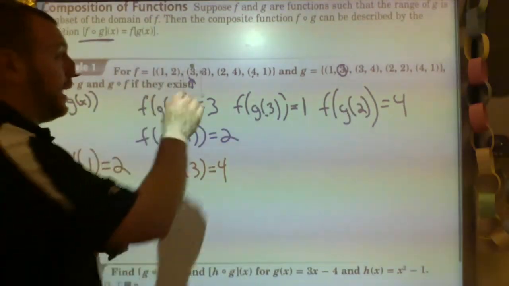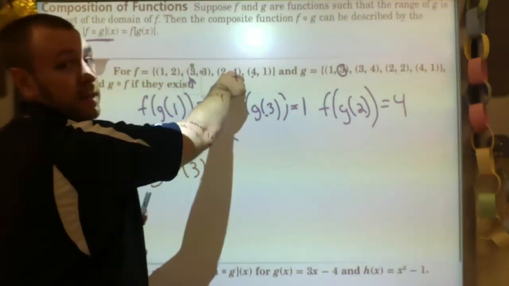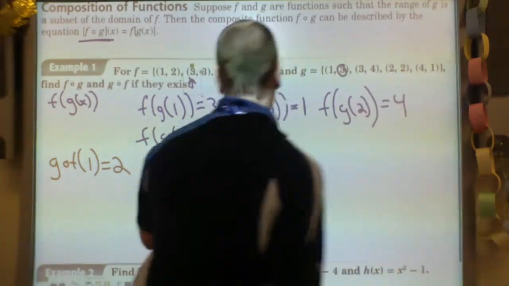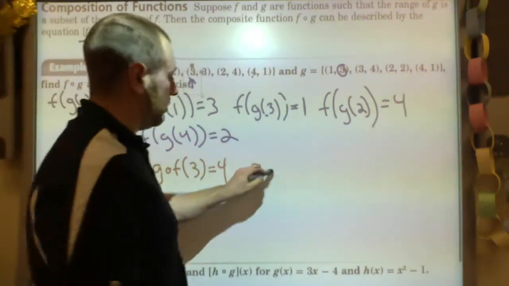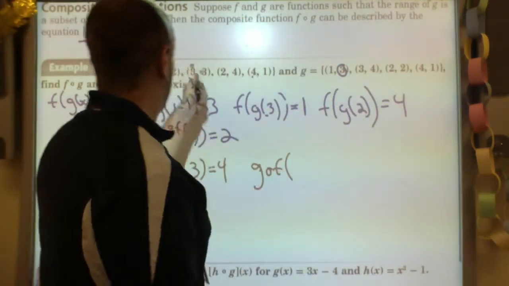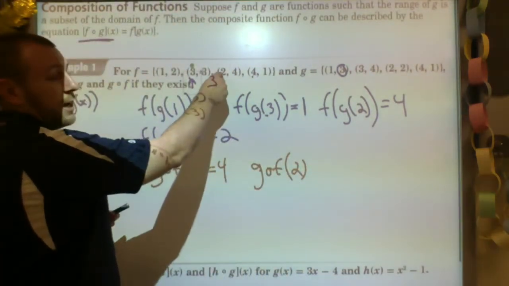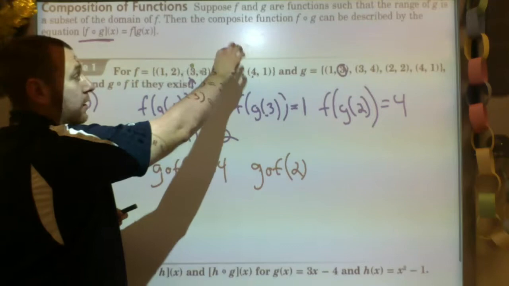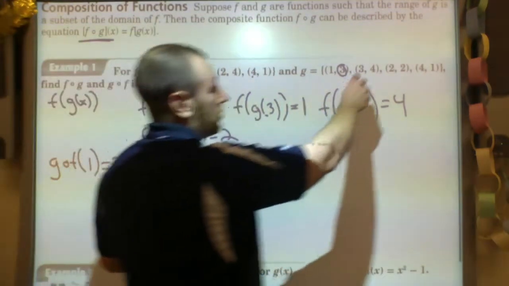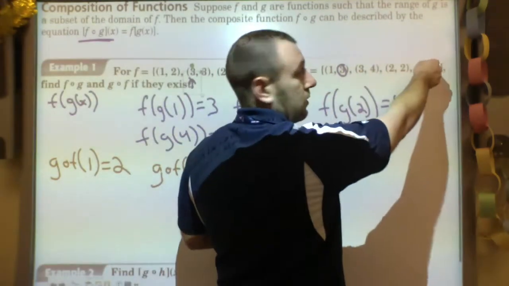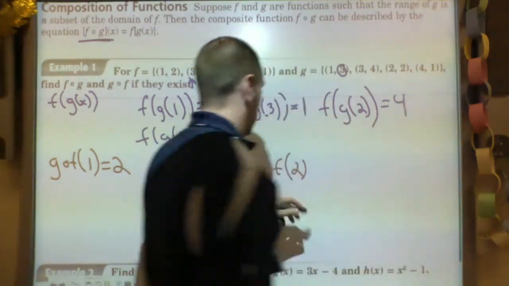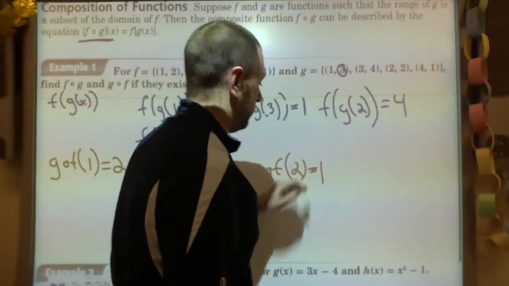So my y's in this case become my x's over here. G of f of 2. That 2, my x, goes to 4. That's my y. That 4 goes to my x over here, and that equals 1.